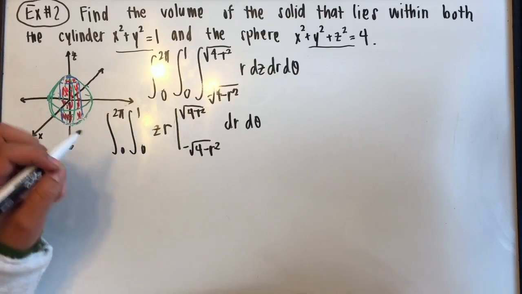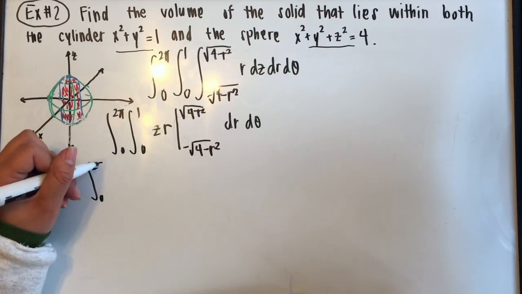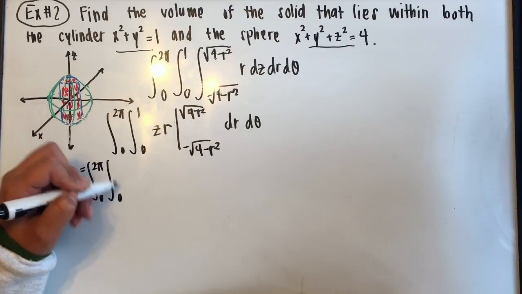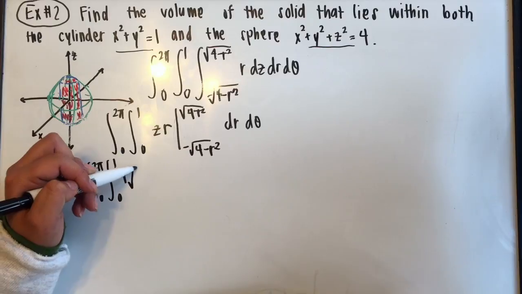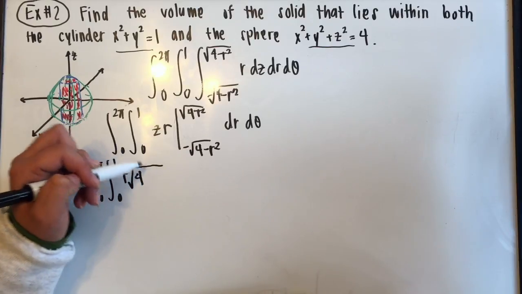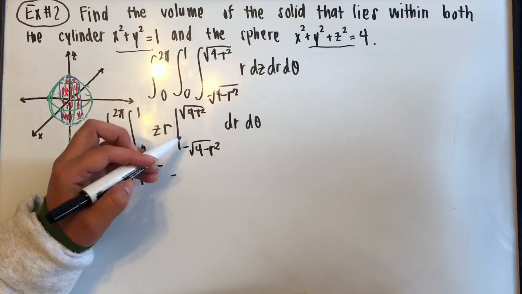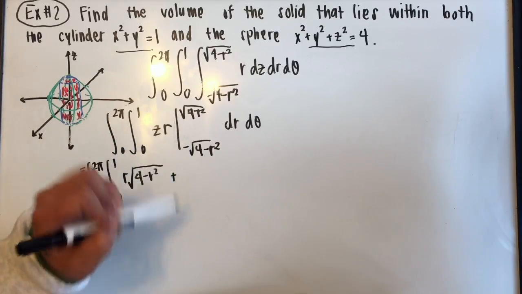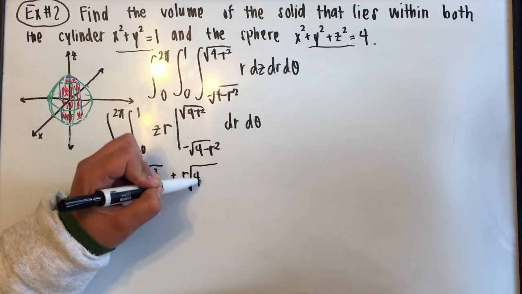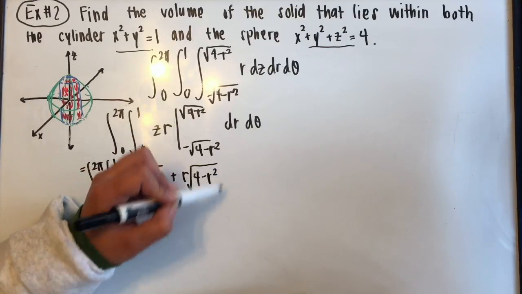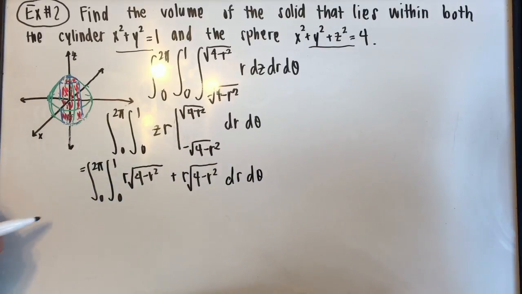So then that will be r times 4 r squared minus, but this is minus already, so then this is going to become positive r, 4 minus r squared dr d theta.